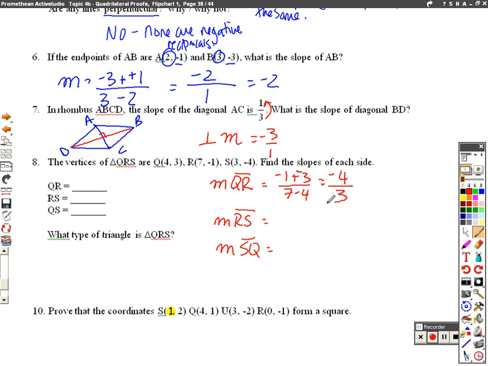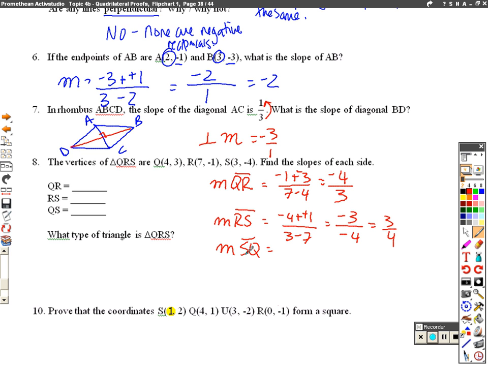Alright, RS. We're going to do -4 minus -1 over 3 minus 7. -4 minus -1 is -4 plus 1, so that actually becomes -3 over 3 minus 7, which is -4, or in other words, 3/4.